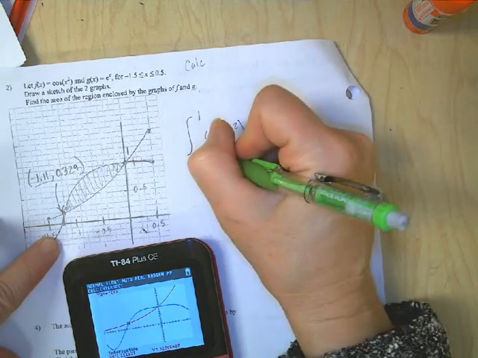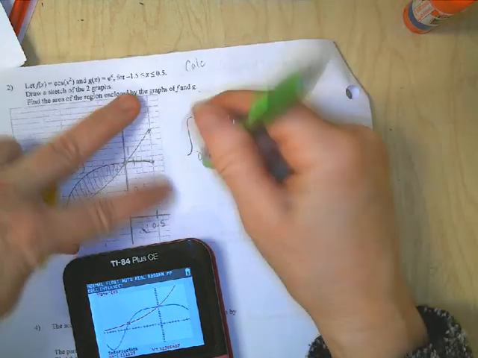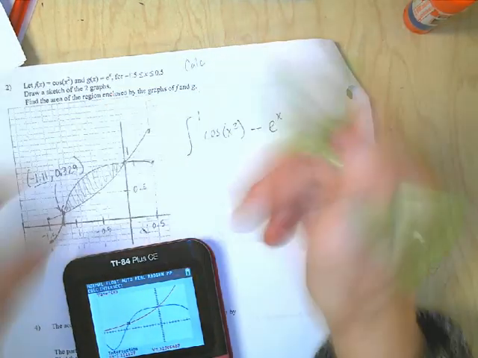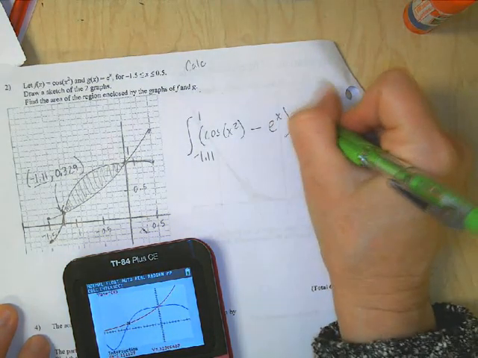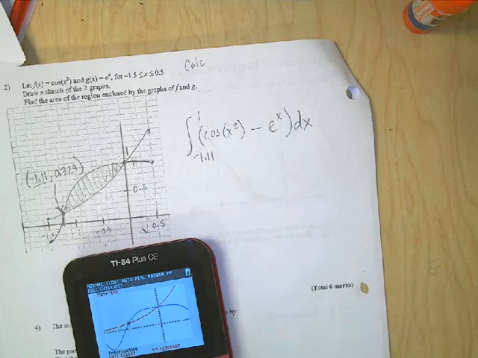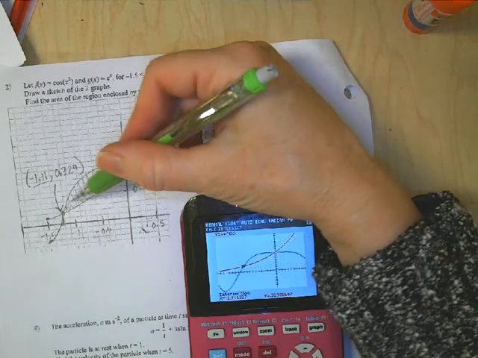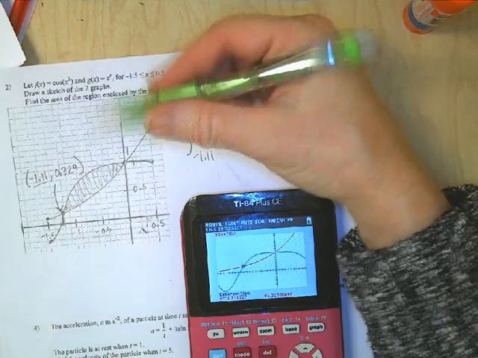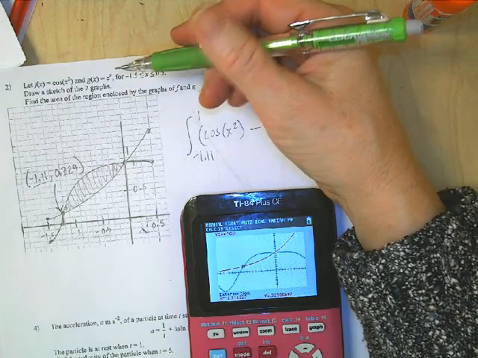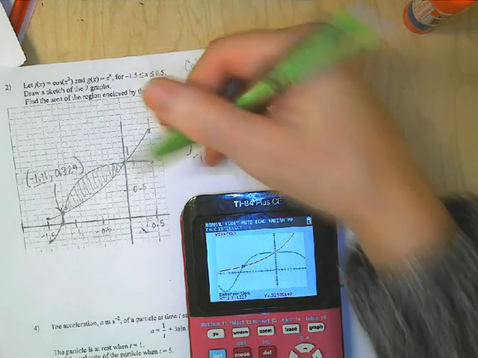So, sorry, not 0, negative 1.11. So I'm going to integrate this. For between curves, I don't have to worry about any of it being negative because it automatically takes care of that when I'm going in between two curves. All right, so no worries.